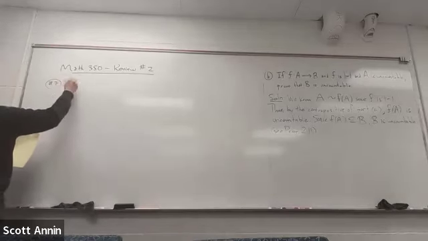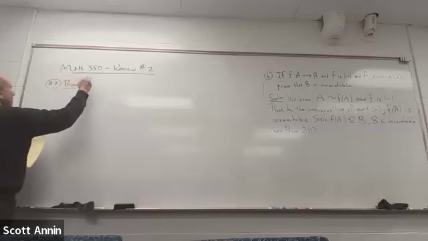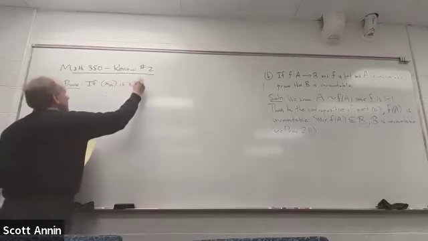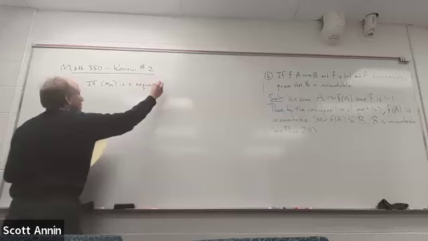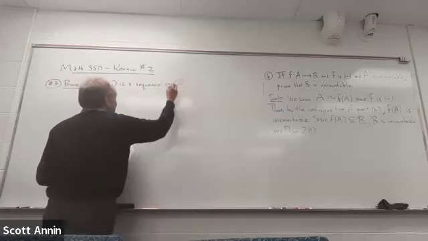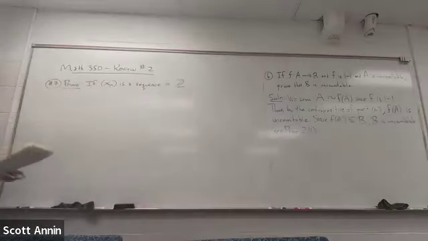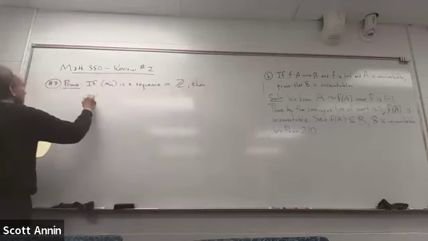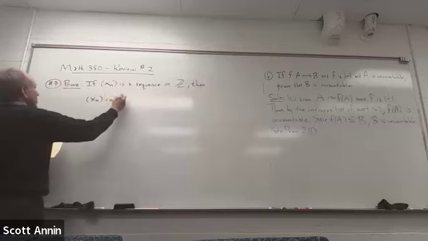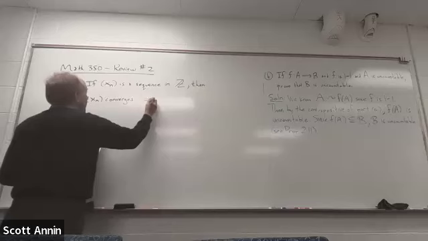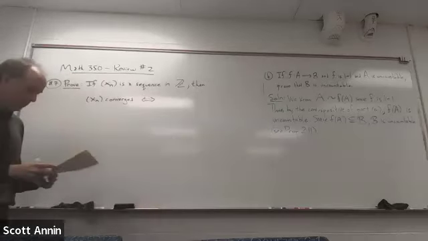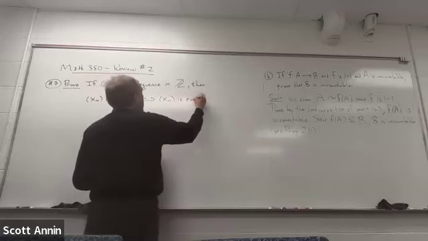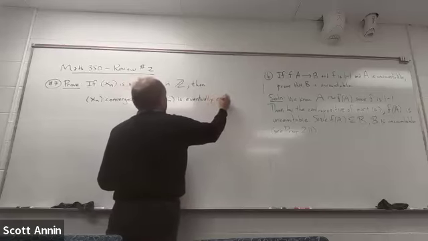Let's prove that if xn is a sequence in Z, so it's a sequence of integers, then xn converges if and only if xn is eventually constant.